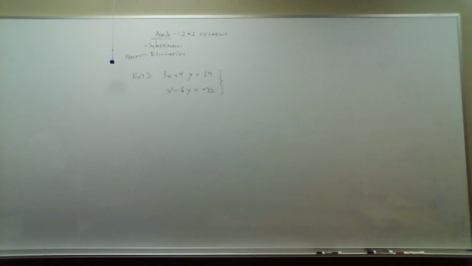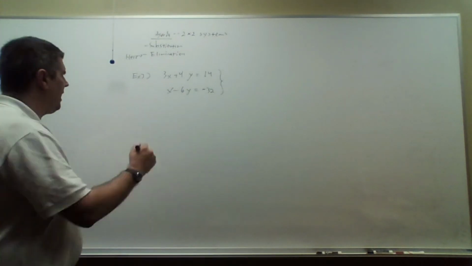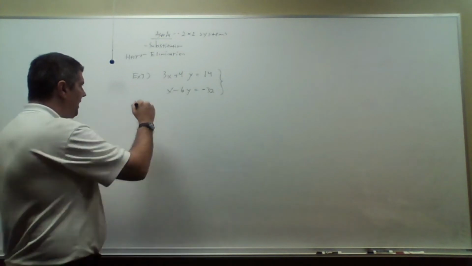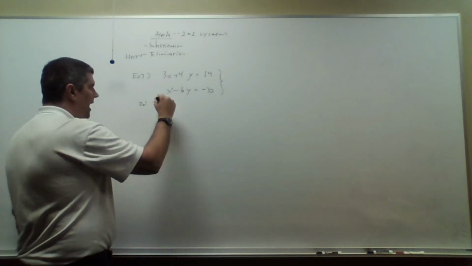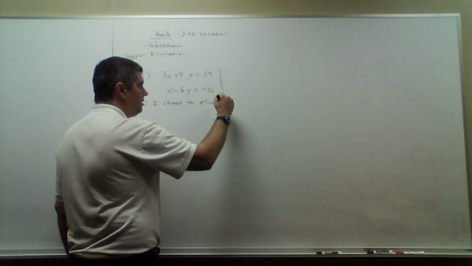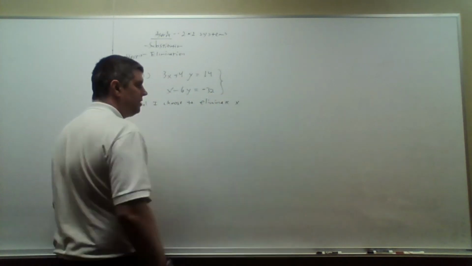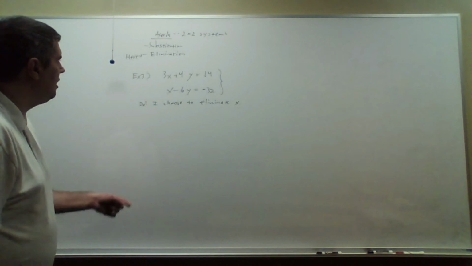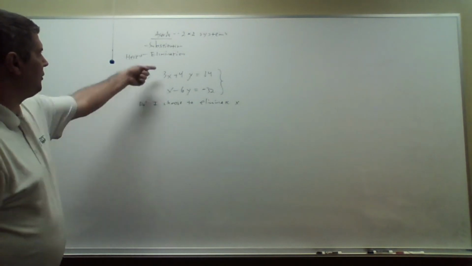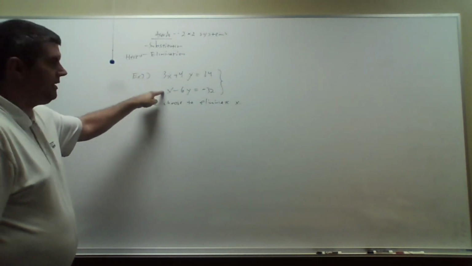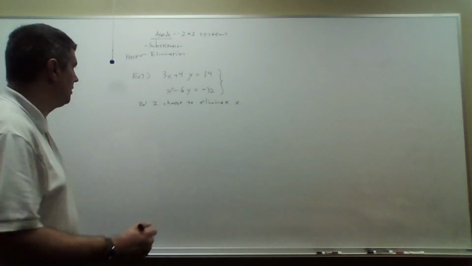If I was to choose to eliminate, I would choose to eliminate x. The reason I choose to eliminate x is because the lowest number that 3 and 1 divide evenly into is 3. So I would only need to do one multiplication.